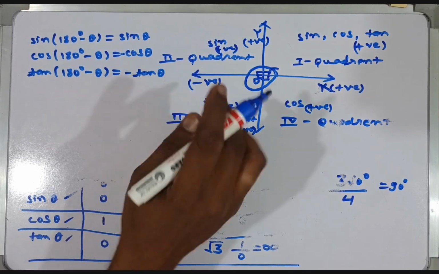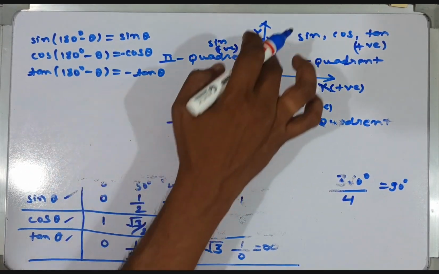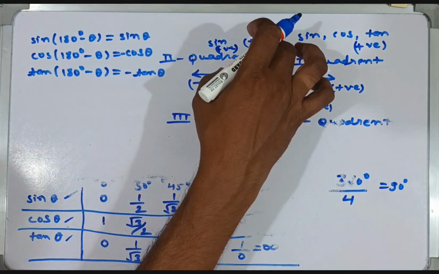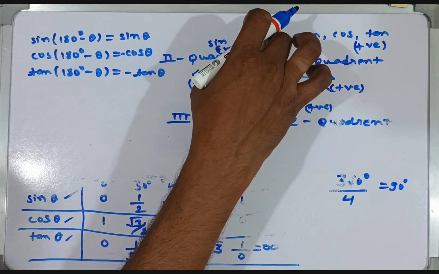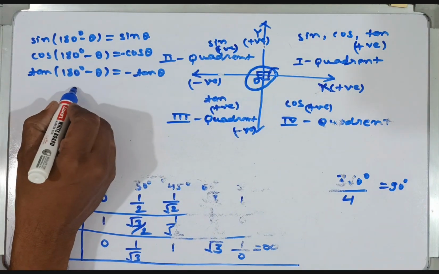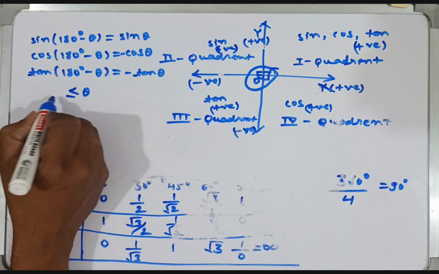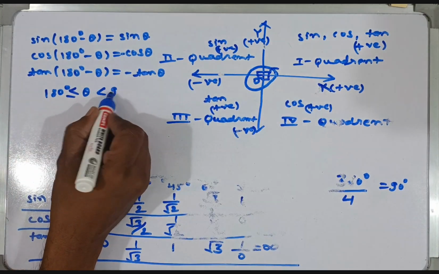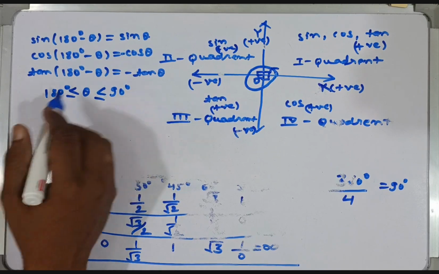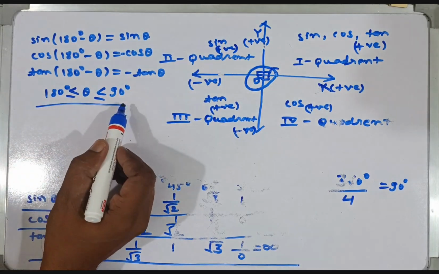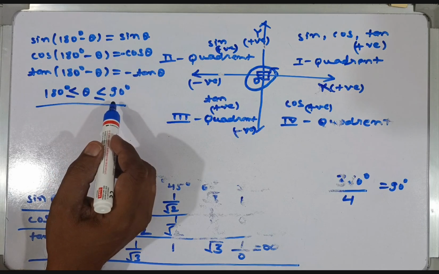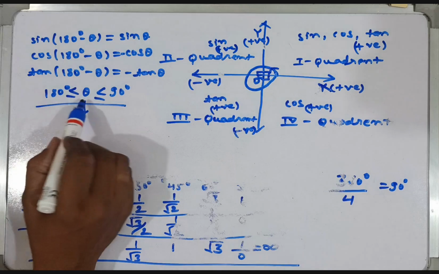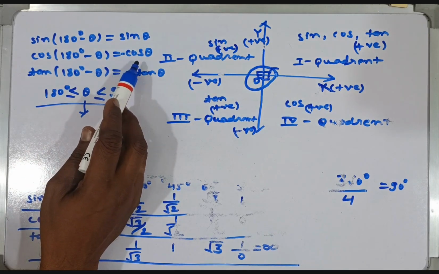Basically what you see is, when theta falls in this quadrant, the value of sine is positive, or if theta falls in the other quadrant, then it is negative.